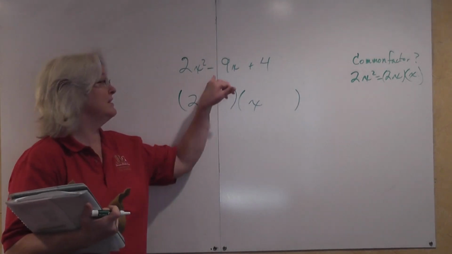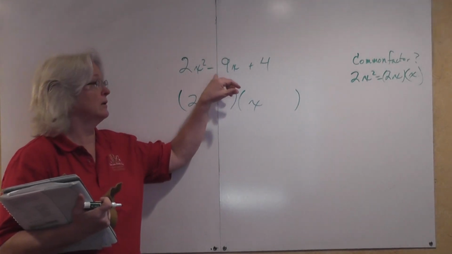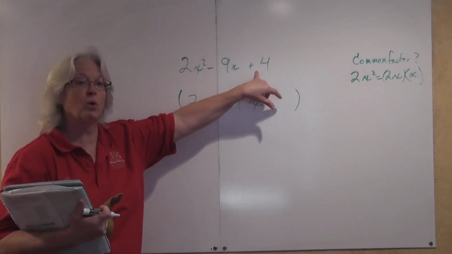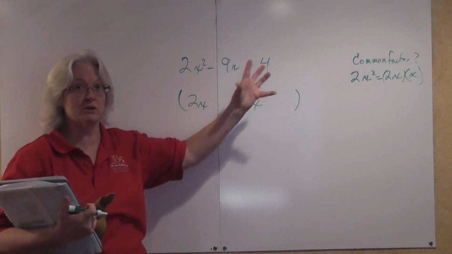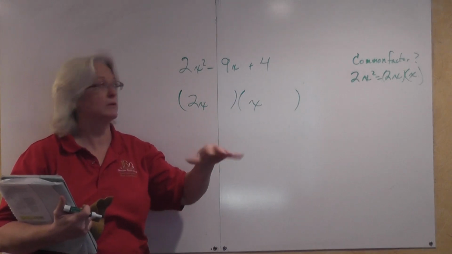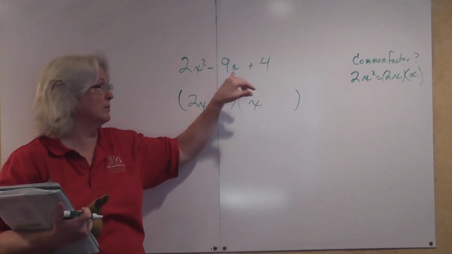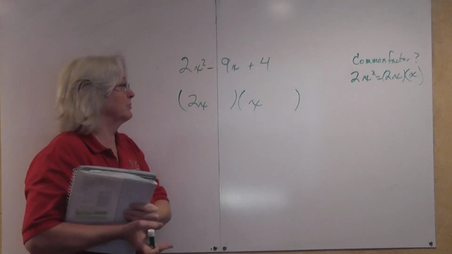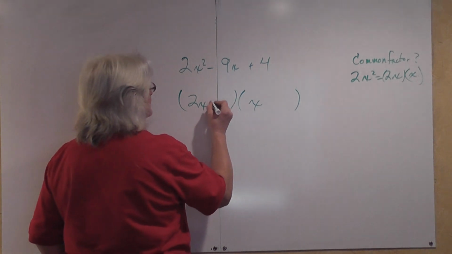Now, we have a negative sign here, but a positive sign for our third term. So what does that tell us? A negative times a negative is equal to a positive. The only way we can have a negative center term and a positive third term is if we have two negative signs.